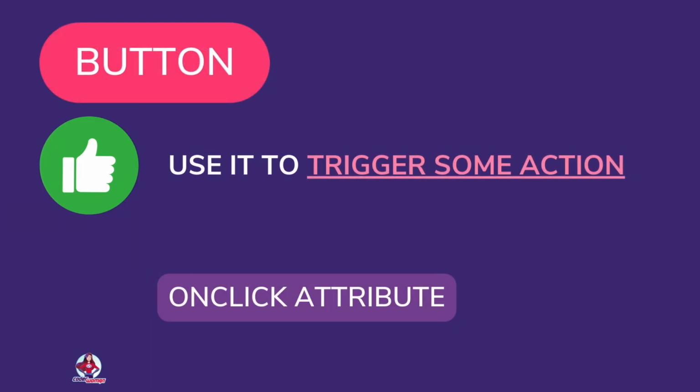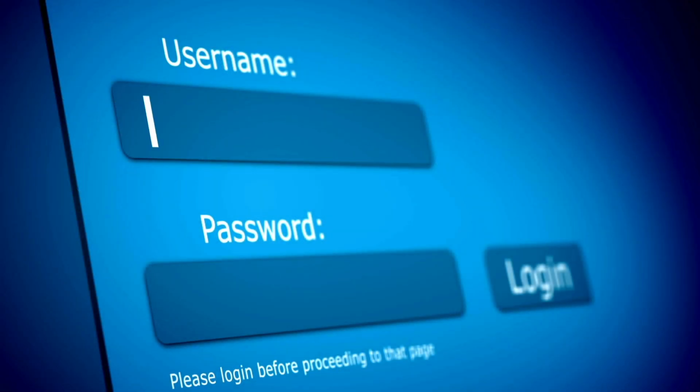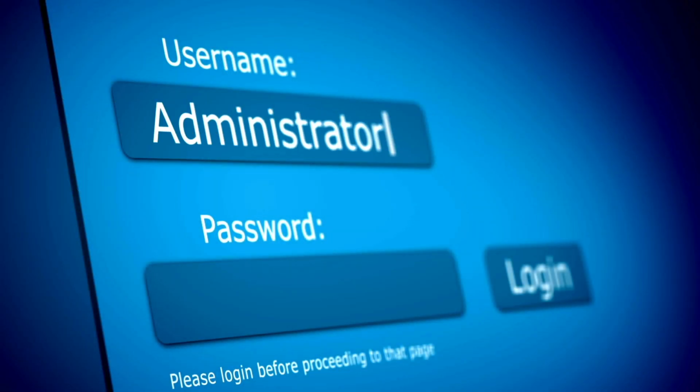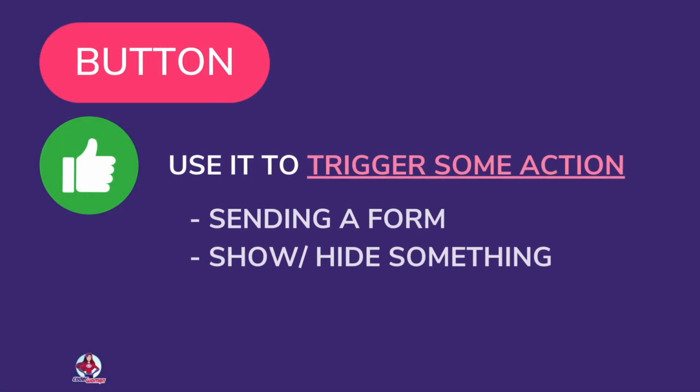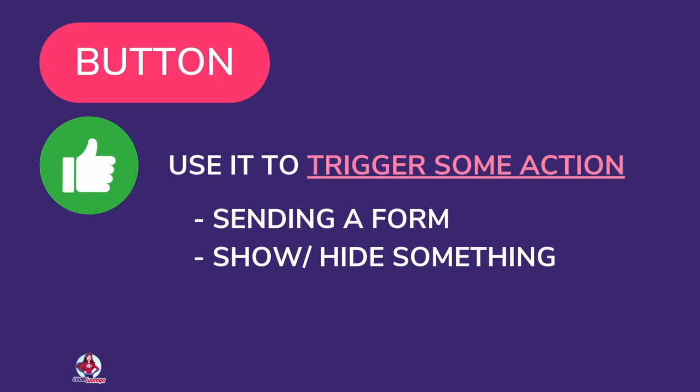Buttons are for triggering some action that doesn't necessarily take the user to another place. What do I mean? First example, sending a form. The submit button will perform the action, it will send the form. What else? With buttons, we can show or hide something on the page, for example, an additional message for the user, some notification.